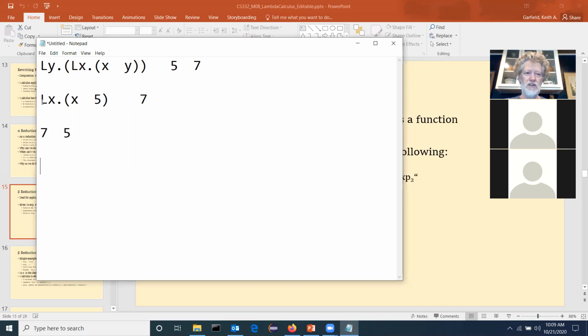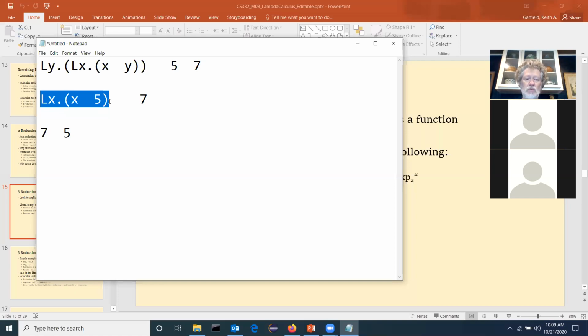Can I still do this substitution where I substitute 5 for the y that's in that expression? I think so. Yeah.